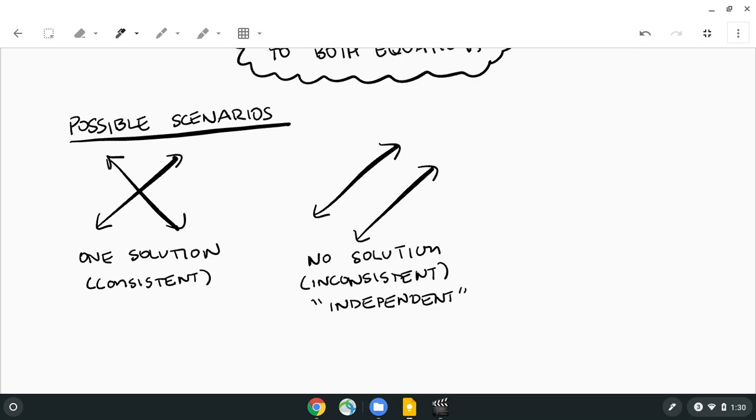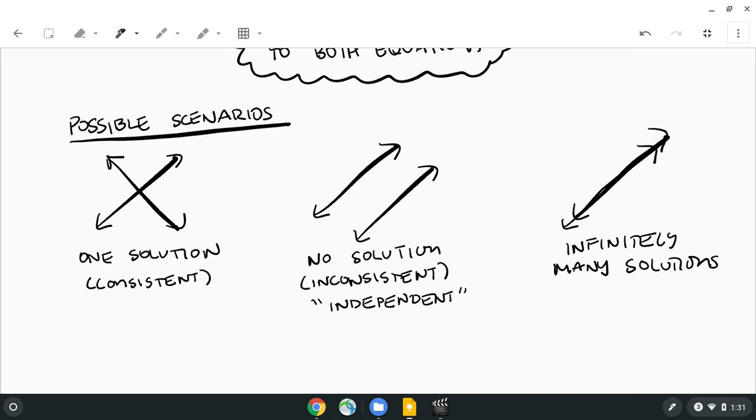And then we have this third scenario where maybe you have this line and your second line falls right on top of it. In which case they are actually intersecting at every single point. So here they have infinitely many solutions.